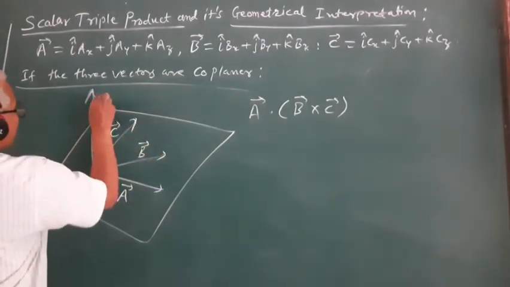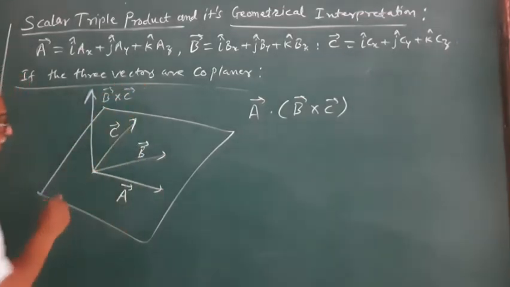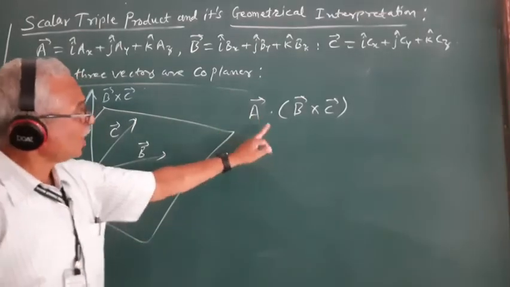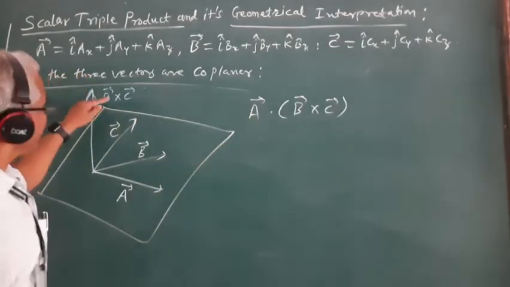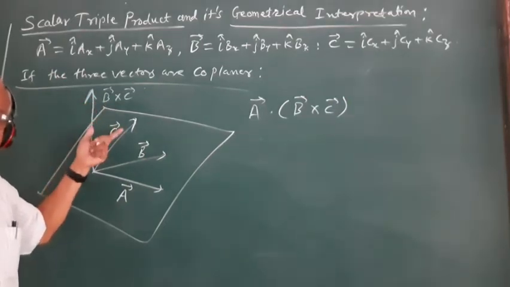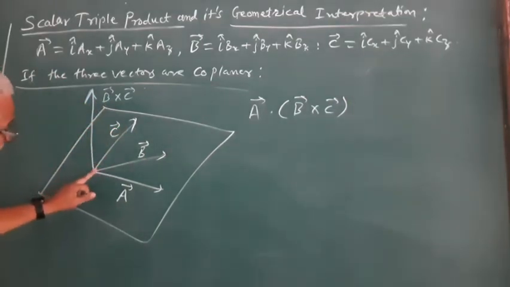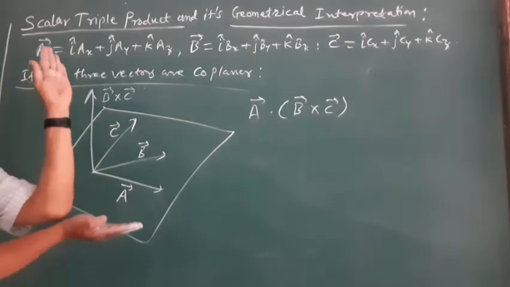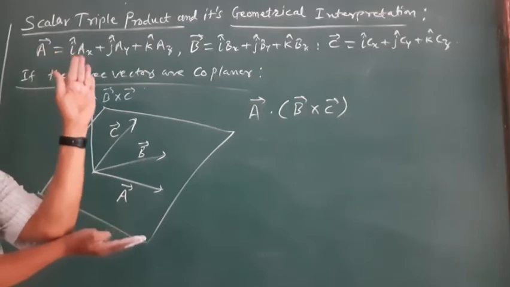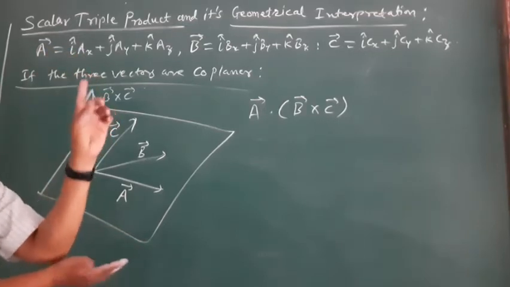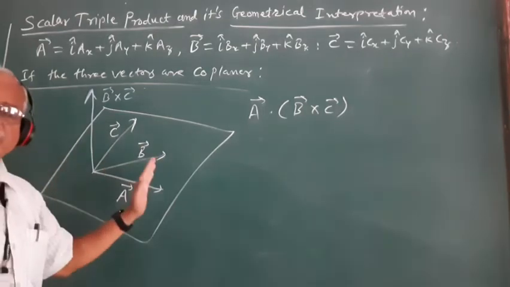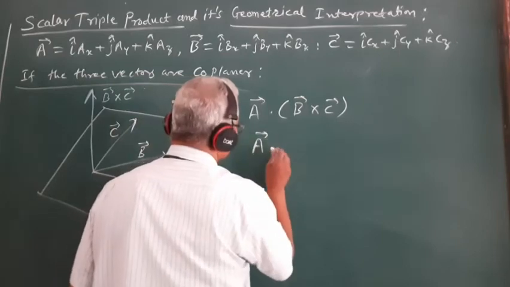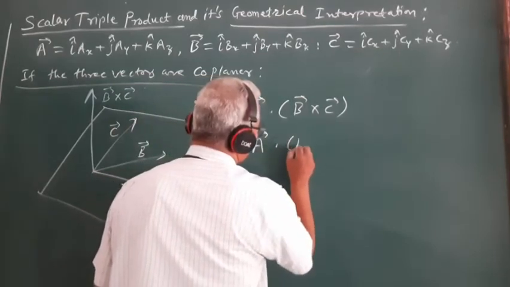So this will be b bar cross c bar. Now if we evaluate the dot product of a bar with b bar cross c bar, what we observe is that the vectors a bar and b bar cross c bar are mutually perpendicular to each other. And if we have two vectors which are mutually perpendicular, the dot product of such two vectors works out to be equal to 0.